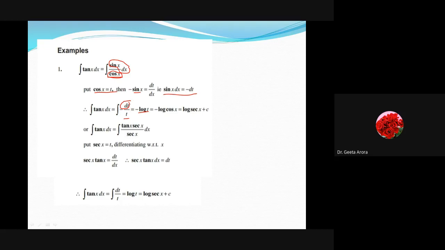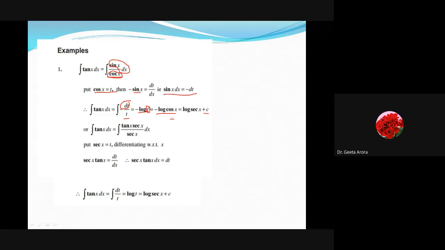This minus sign is continued here, so we are getting minus log t. Then t was taken as cos x, so we can write minus log cos x. And finally for the integral, we have to add a constant. So the final answer is minus log cos x plus c.